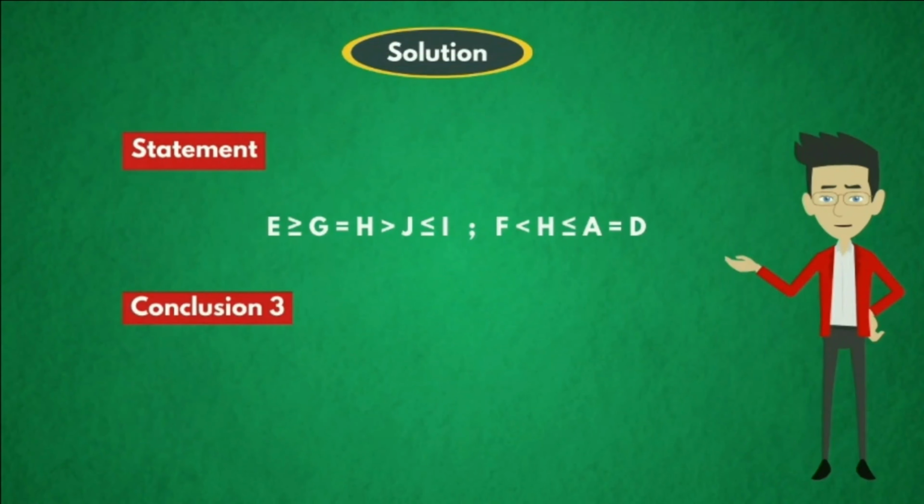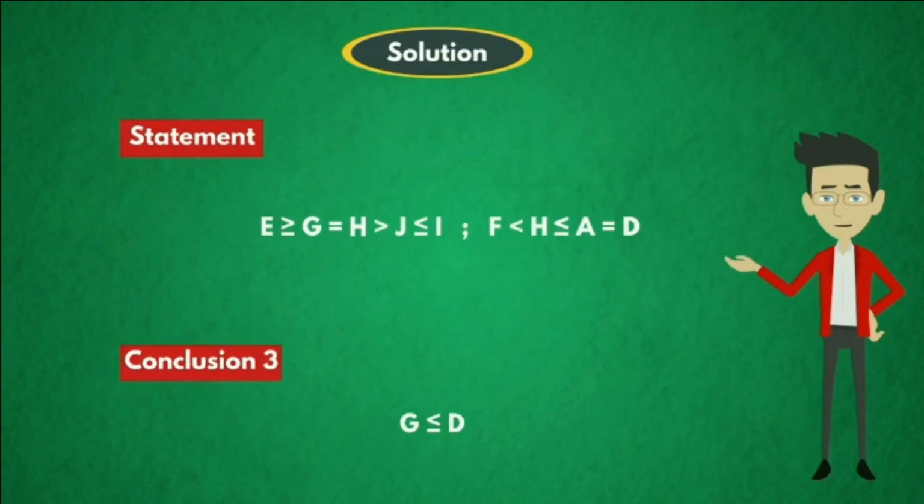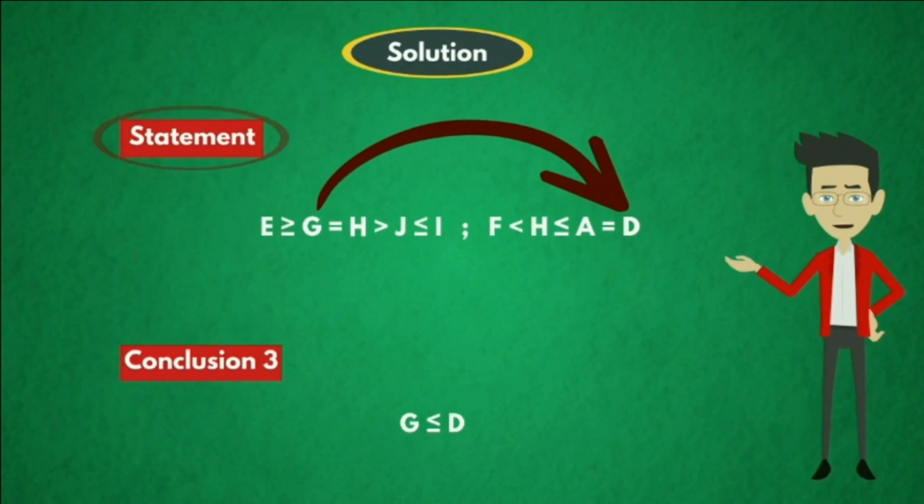Conclusion 3. G less than or equal to D. Here in the statements, we don't have direct relation between G and D, but we combine G equal to H and H less than or equal to D these statements. Here we have a relation from G to H and H to D here.